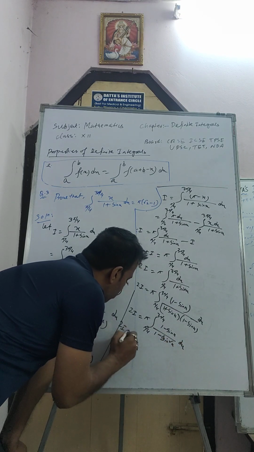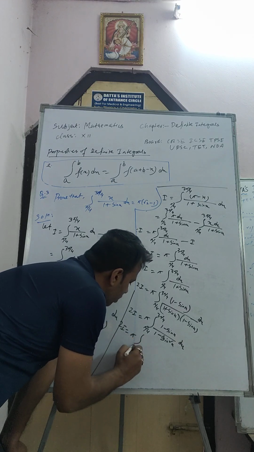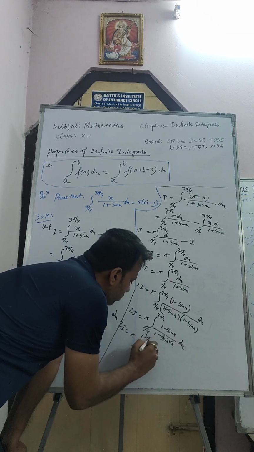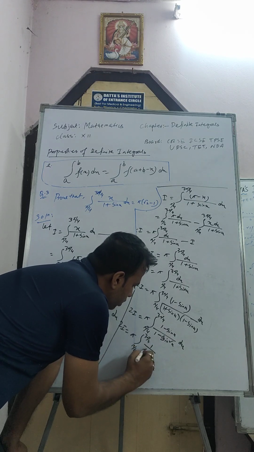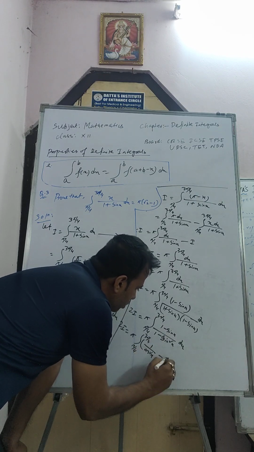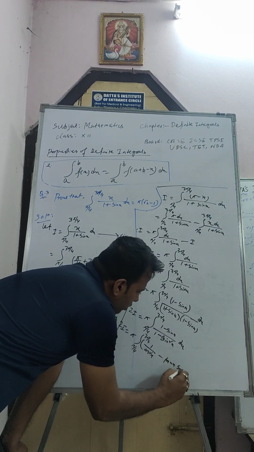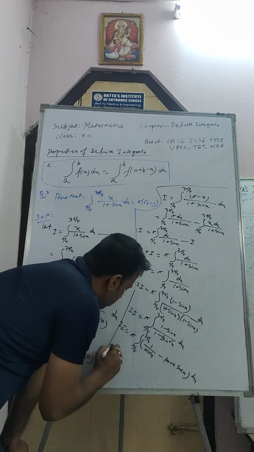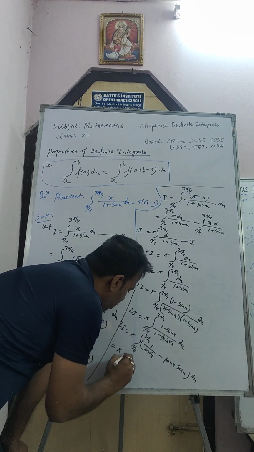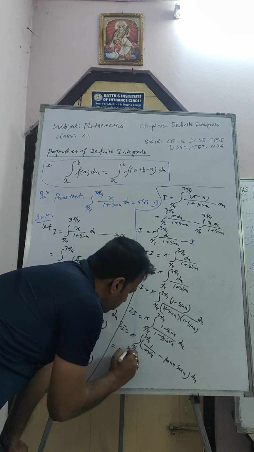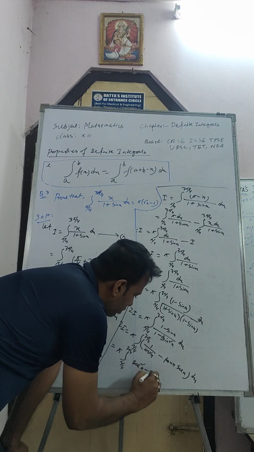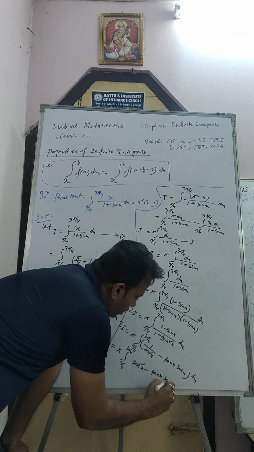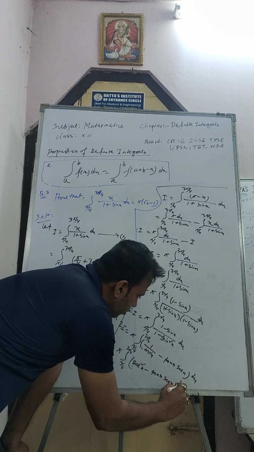Okay, so 2I equal to the integral from pi by 4 to 3 pi by 4, it will become cos square, so 1 by cos square x minus tan x sec x. So it will become sec square x minus tan x sec x, right?